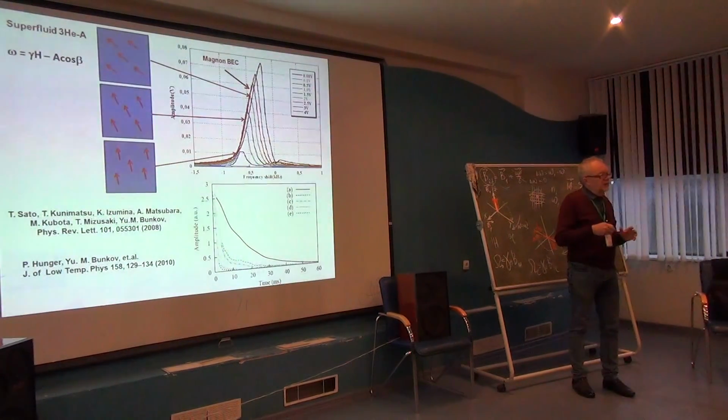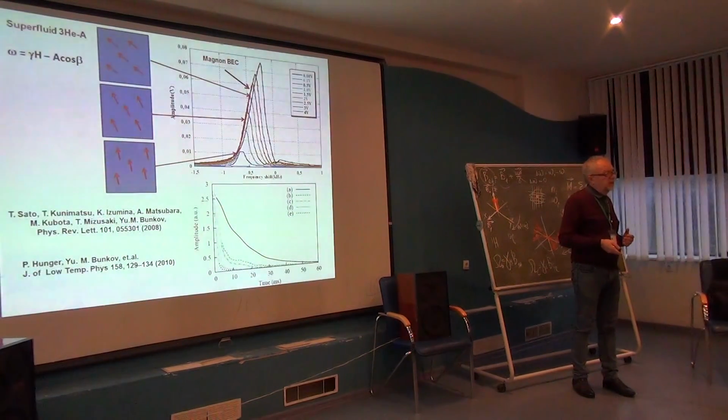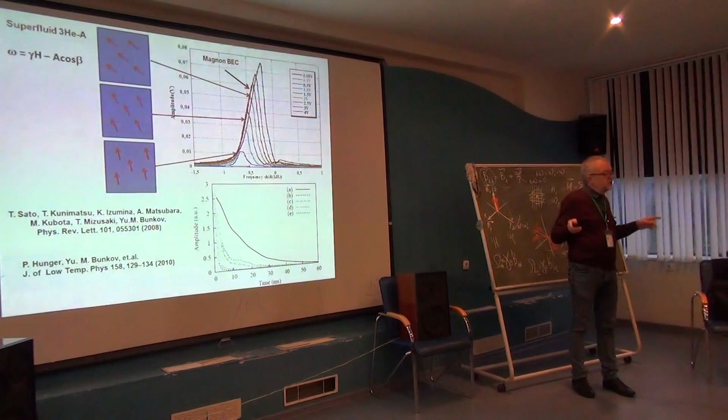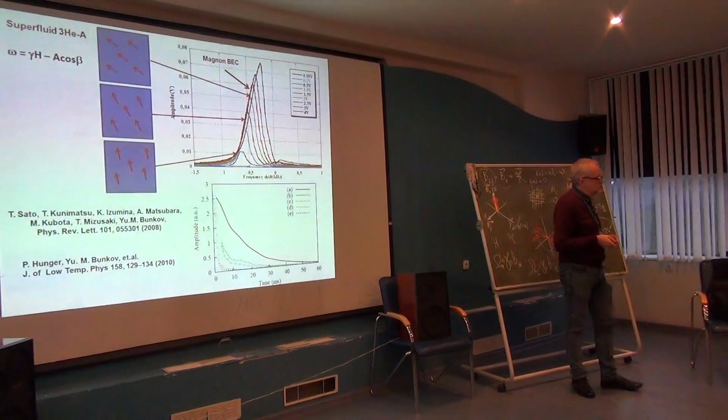But if, by some additional structure, you change helium-3A from easy plane to easy axis antiferromagnet, then the interaction between magnons is repulsive, and as a result, we can see the formation of a Bose condensate.